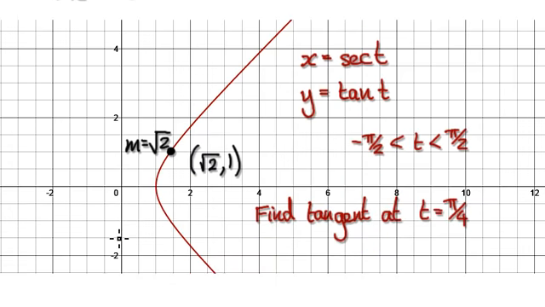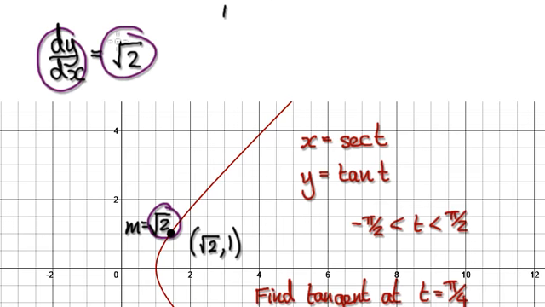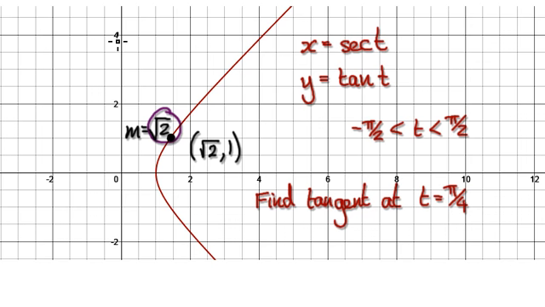So now we know that when time equals pi over 4, the particle will be right here, the x coordinate will be root 2 and the y coordinate will be 1. We now know the gradient at that point, which is root 2, because dy by dx is root 2. So we should be able to work out the equation of this tangent line.